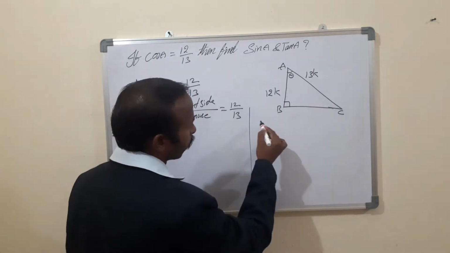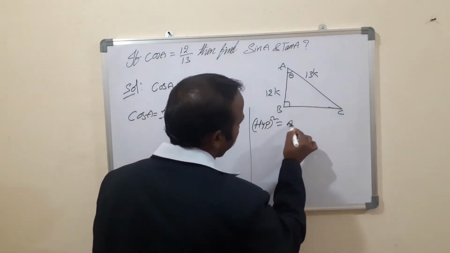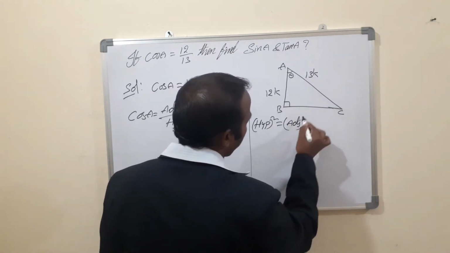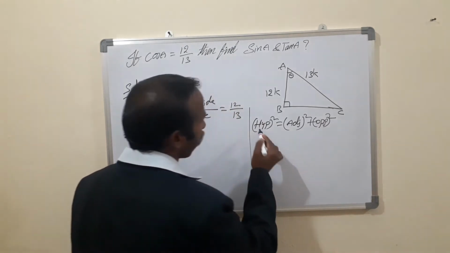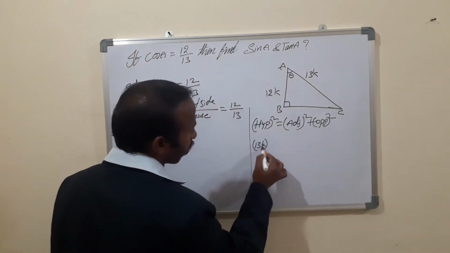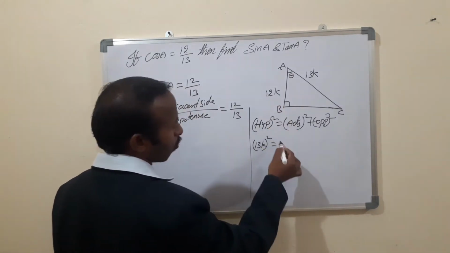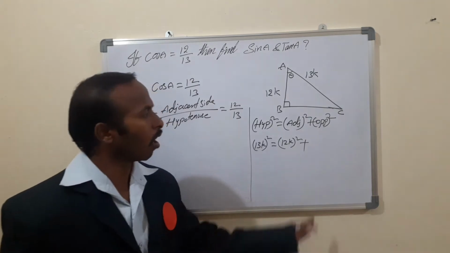According to Pythagoras principle, hypotenuse square equal to adjacent square plus opposite square. Now hypotenuse is how much? 13K whole square is equal to adjacent, that is how much? 12K whole square plus opposite.